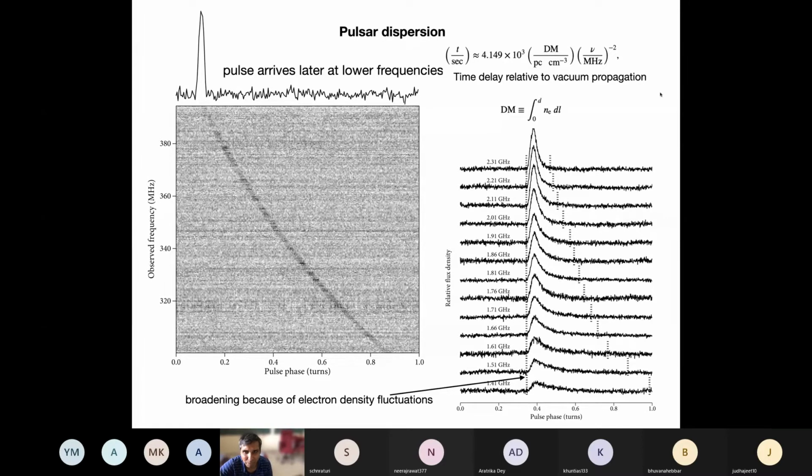So this dispersion measure or delay just gives you a sense of n_e dl. This broadening gives you a sense of delta n squared: how much does density fluctuate along the line of sight? So it puts constraints on the density fluctuations, which are supposed to be coming from turbulence in the medium. So it's very useful too.